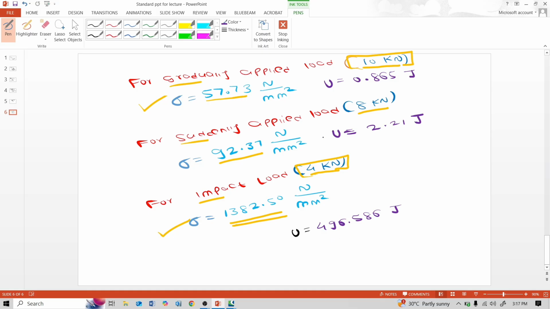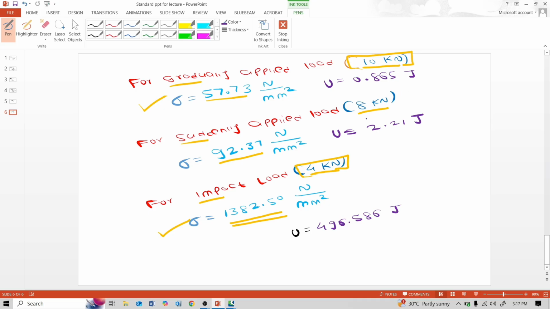For suddenly applied load, strain energy is 2.21 joule, and for gradually applied load it is 0.865 joule. So for impact load, it is the maximum value of strain energy compared to suddenly applied load and gradually applied load.